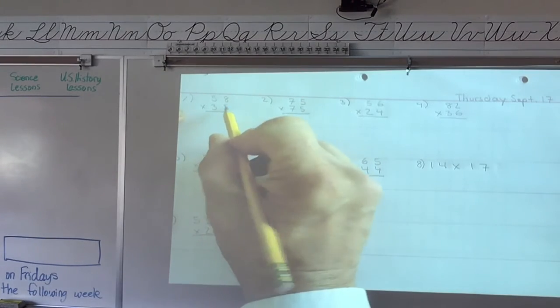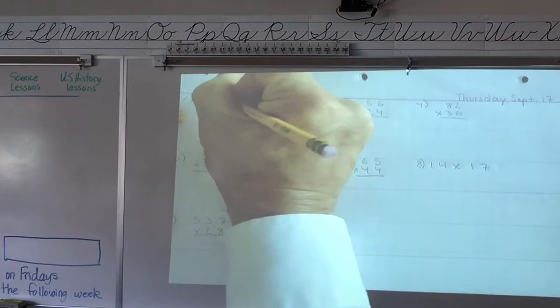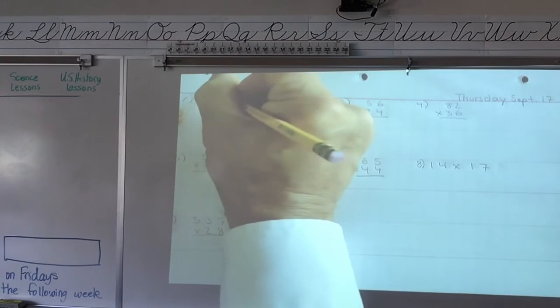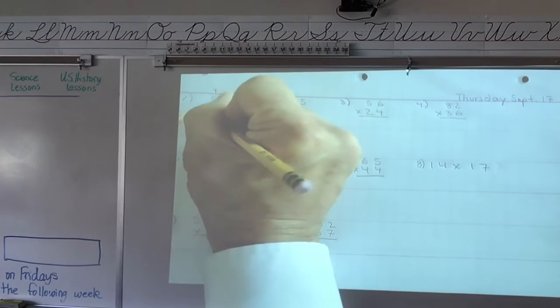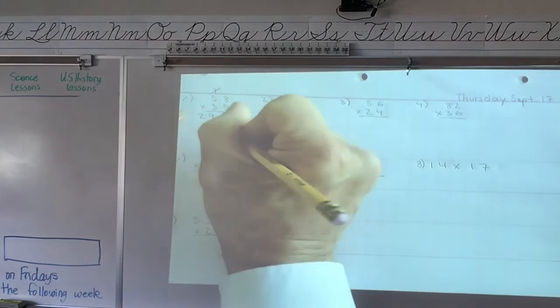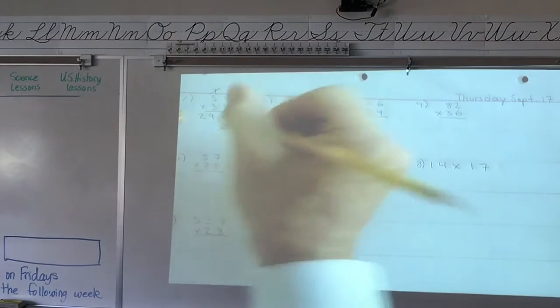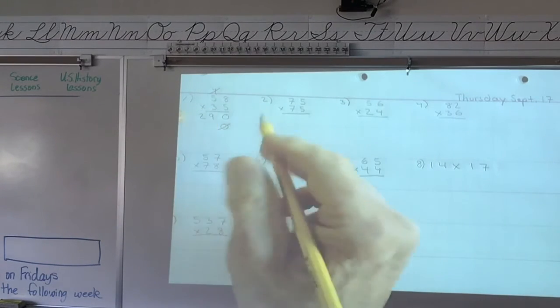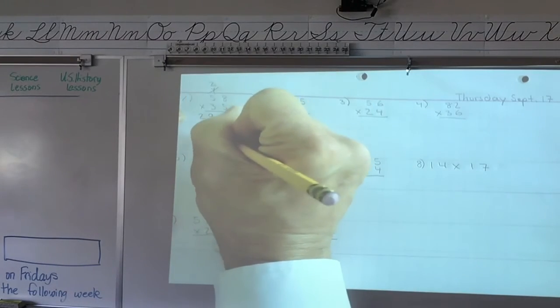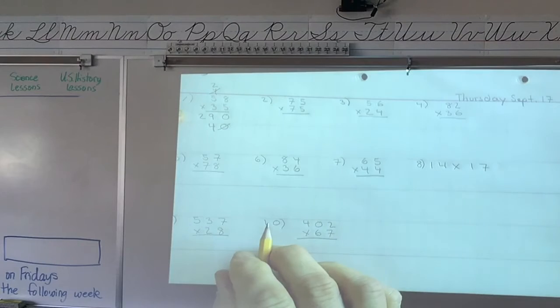So 5 times 8 is 40. 5 times 5 is 25. Plus 4 is 29. I'm going to cross off the 4. Now I'm going to do this. Put that little 0 down because I'm multiplying everything by 30. 3 times 8 is 24. 3 times 5 is 15.